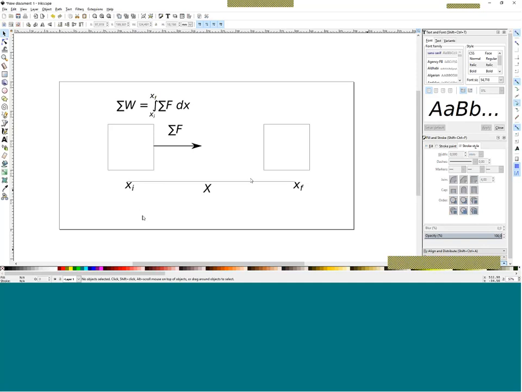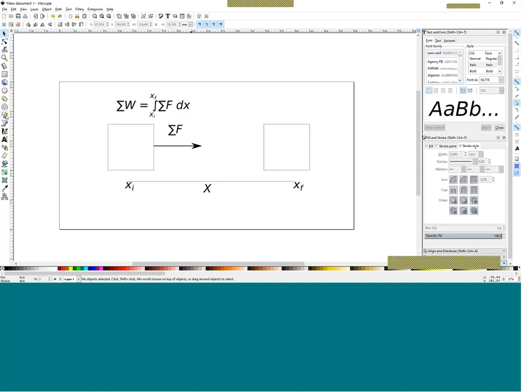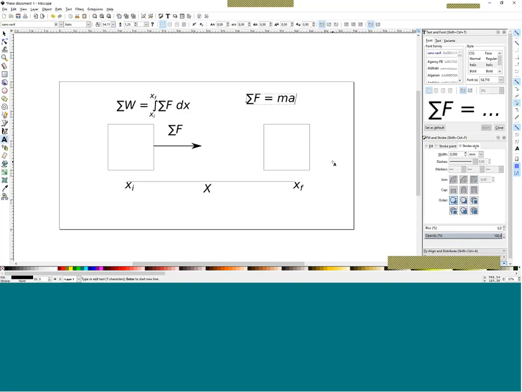So the question becomes, what is the sum of forces in our case? Well, we know from Newton's second law, especially if we're talking about direction, that the sum of forces equals mass times acceleration.